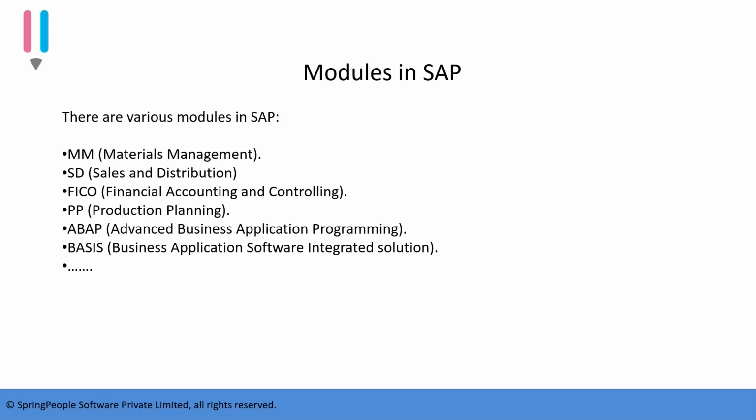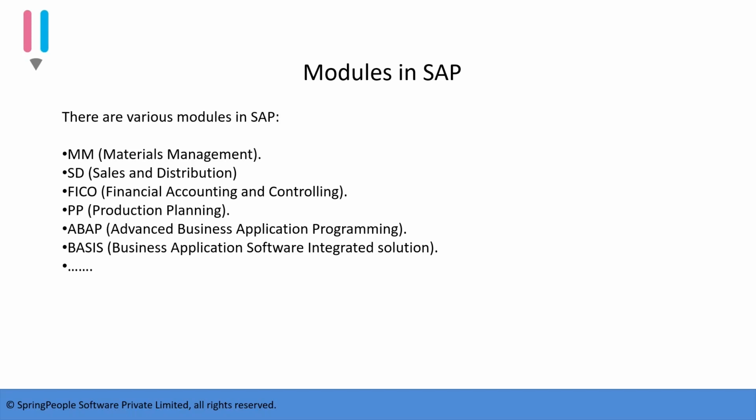Now there are some departments or assistants needed to run the organization. That is the IT department, which is not directly required to run any organization because they don't earn any profit.